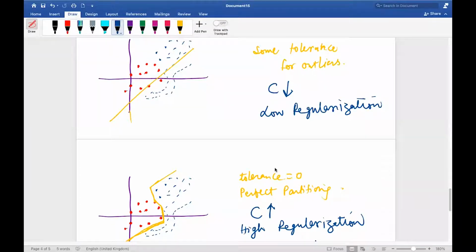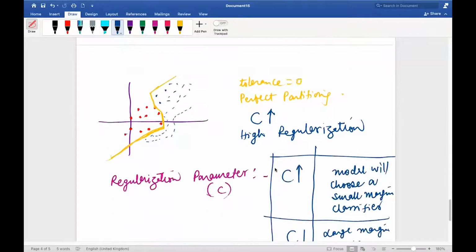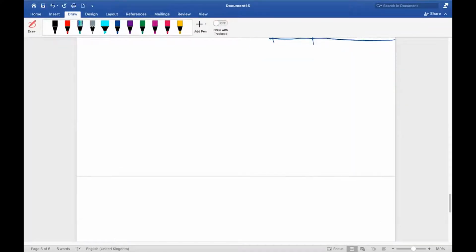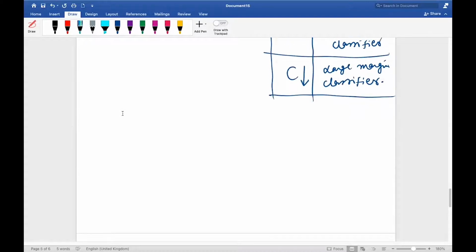Okay, you got my point? Okay, the another hyperparameter, I mistakenly said regularization parameter while explaining, is gamma.